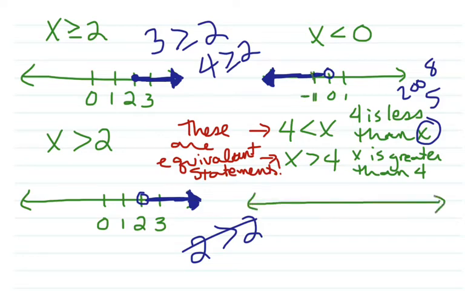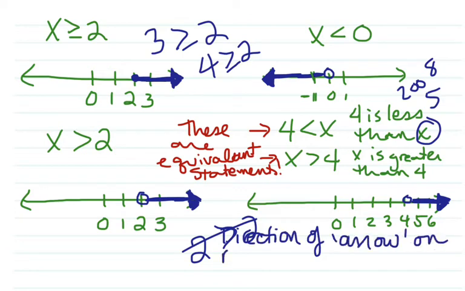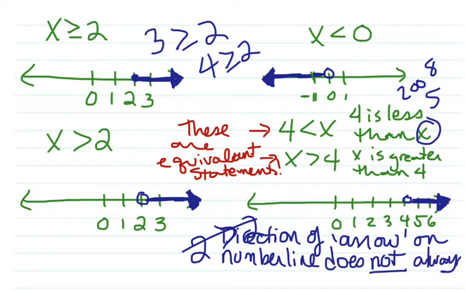So this graph would represent both of those statements. Open dot on 4 and all those bigger numbers. 4 is less than 6, that's true. 6 is greater than 4. That's true. So that's why we shaded that direction. The direction of the arrow on a number line does not always match the direction of the inequality.